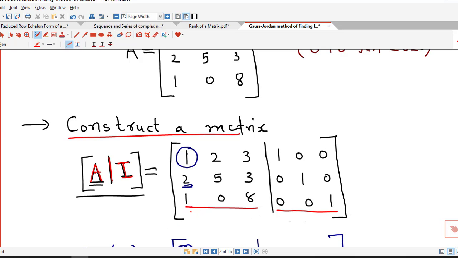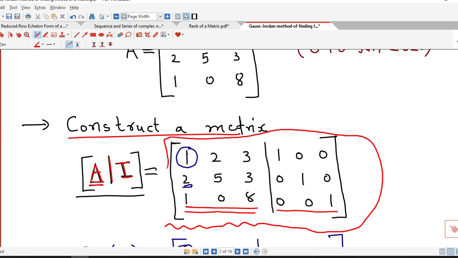Now we have to convert this matrix A into reduced row echelon form. Whatever operations are required for converting A into reduced row echelon form, we have to apply those operations to this whole matrix, and due to those operations there will be changes in this identity matrix also.